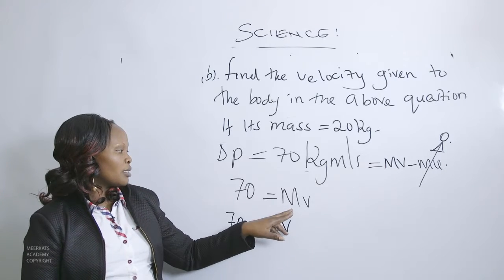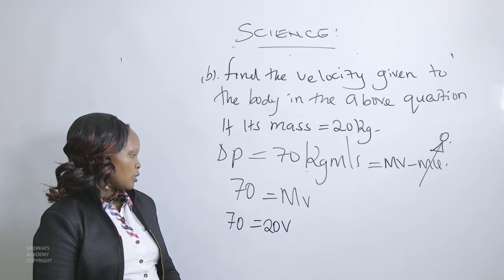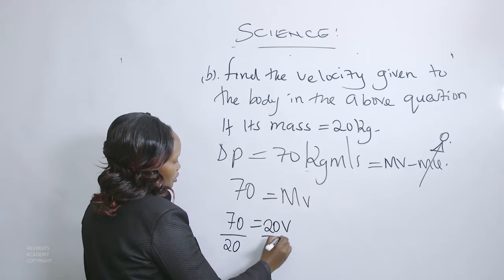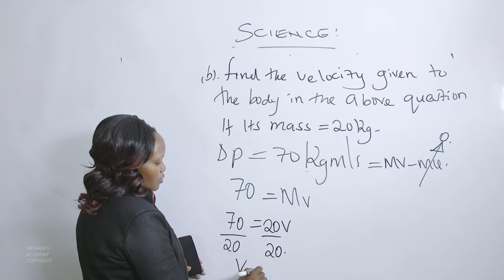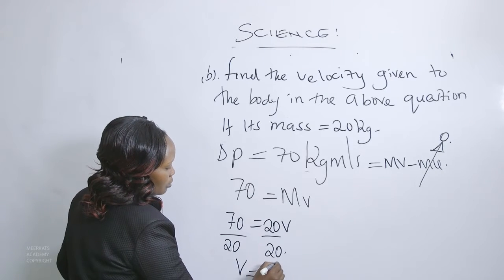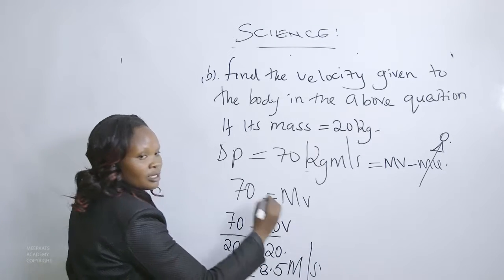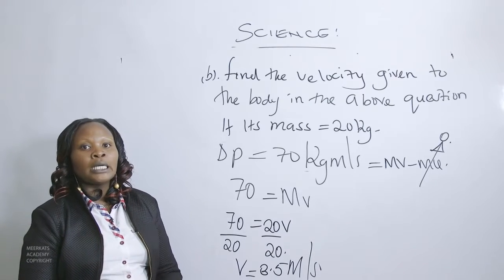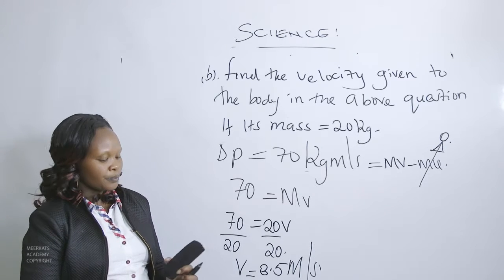Let us divide by 20 both sides, so that our velocity is 3.5 meters per second.